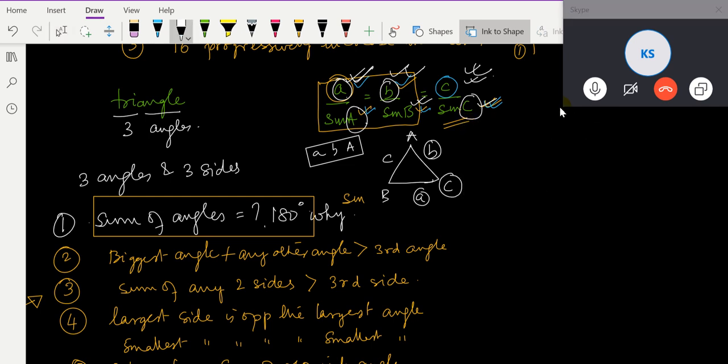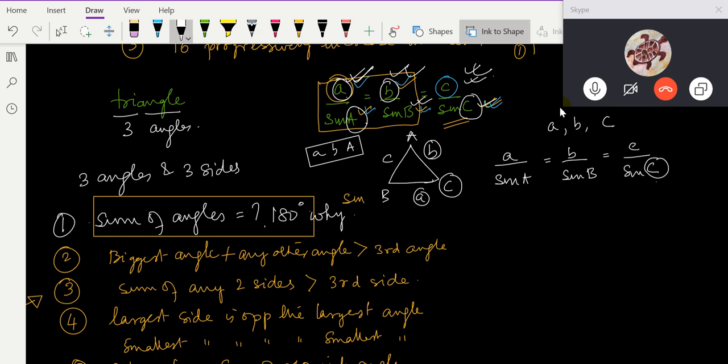So I am given a, b, and c, right? So I know a by sine A is equal to b by sine B is equal to c by sine C, right? In place of C, can I write 180 minus (A plus B)? Yes, you can.